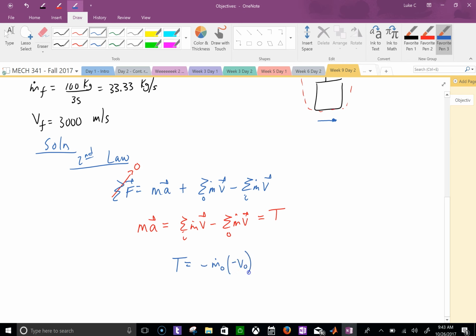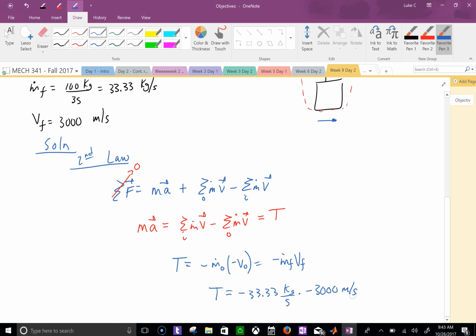Negative. And now we can plug it in. Minus 33.33 kilograms per second times minus 3,000.